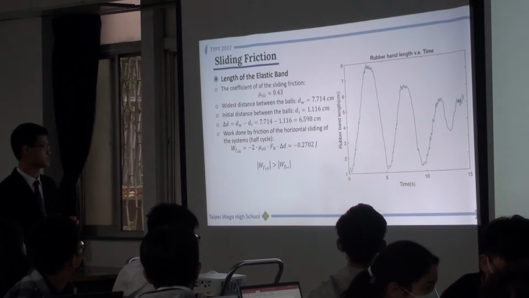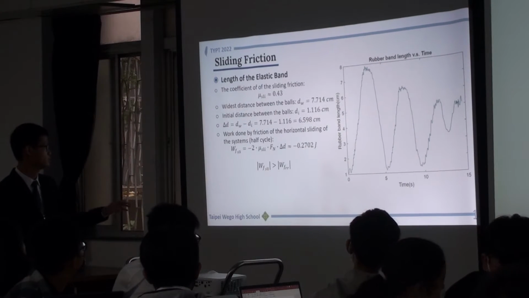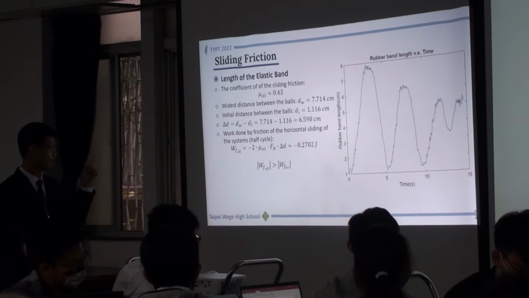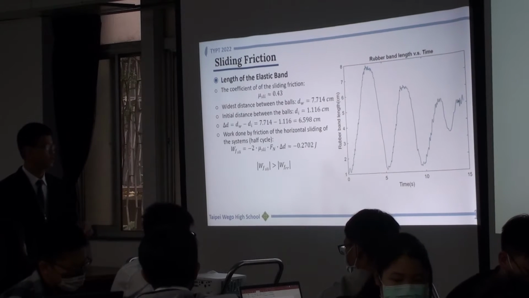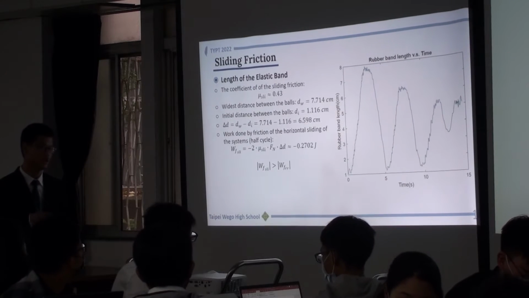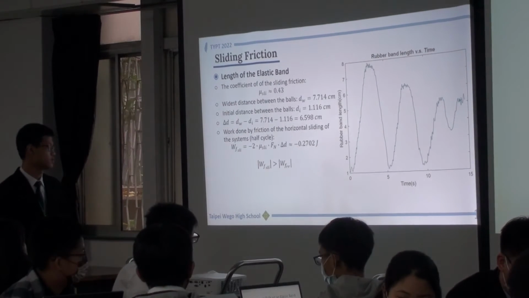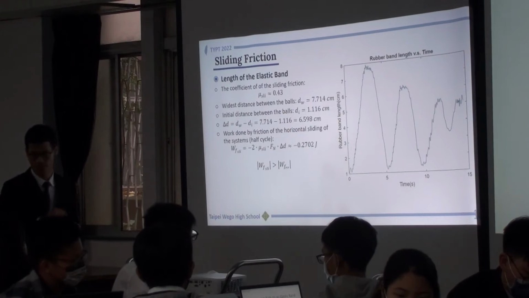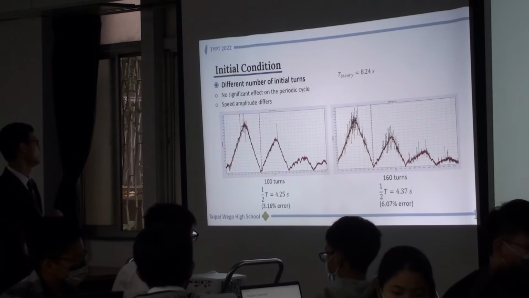Adding up the distance, we can approximate the total work that's been done by the sliding friction. And interestingly enough, the work done by the sliding friction is actually greater than the rolling resistance, which caused the energy gap we previously mentioned.